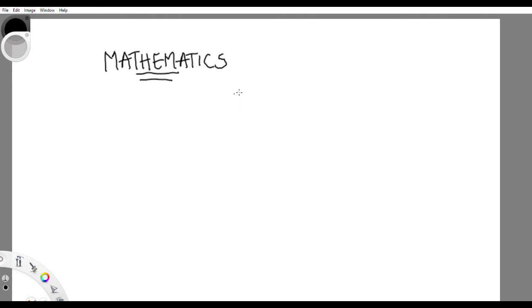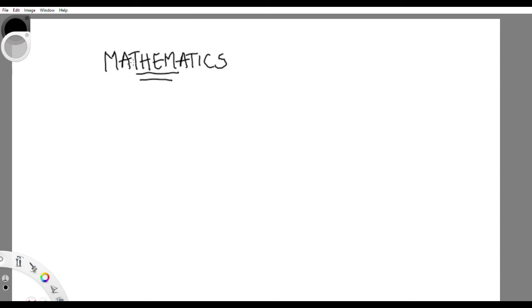Now remember, rearrangement uses what? Permutation. Rearrangement uses permutation. And I want to find the number of ways with which you can rearrange mathematics.